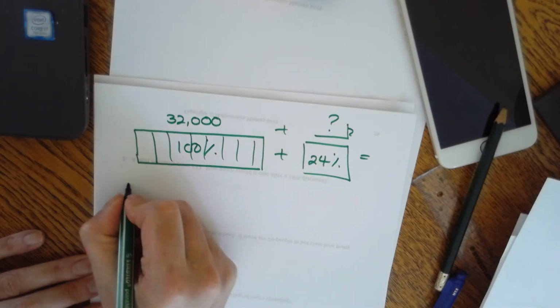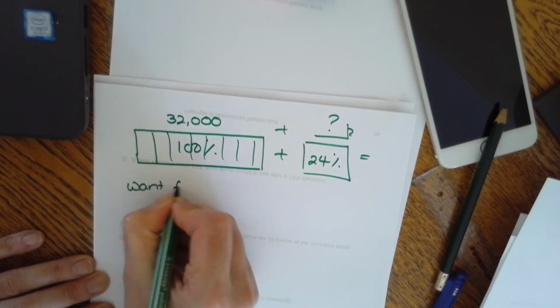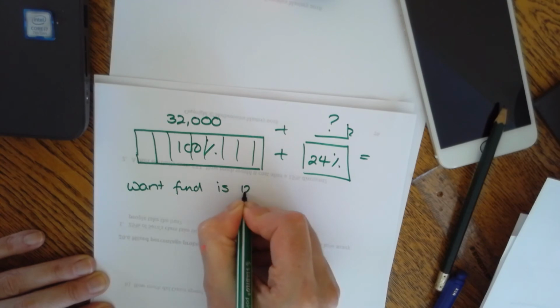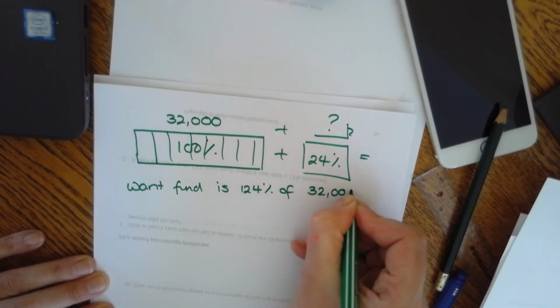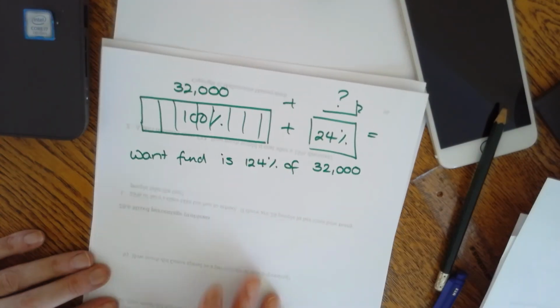So actually what we want to find is 124% of 32,000. So I'm going to use my calculator.